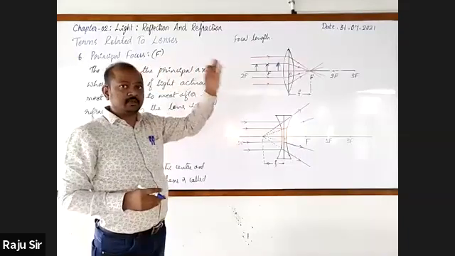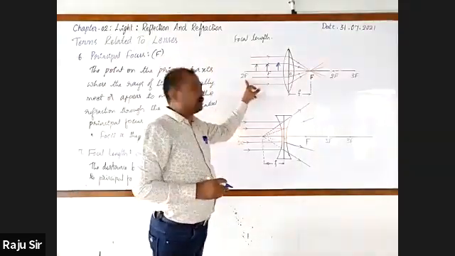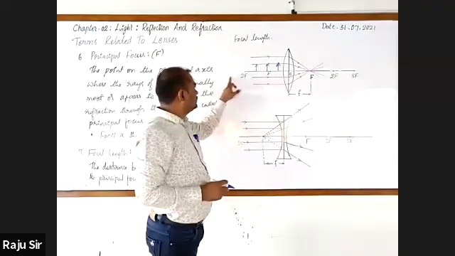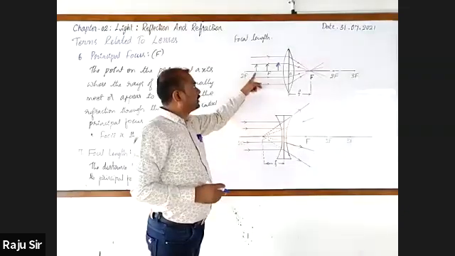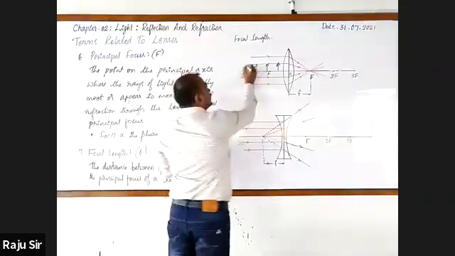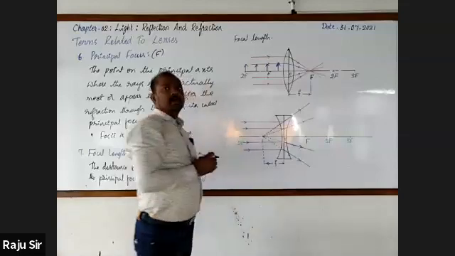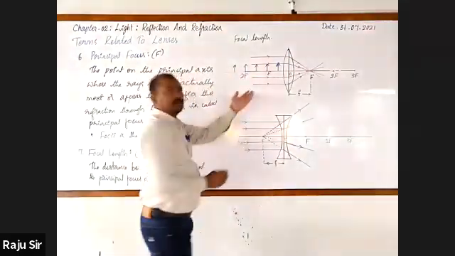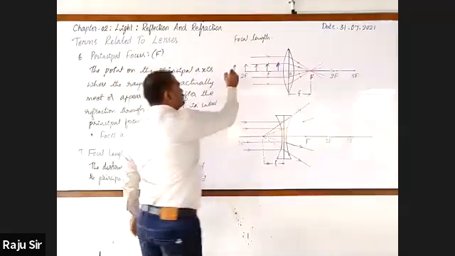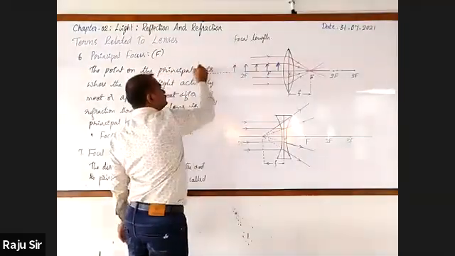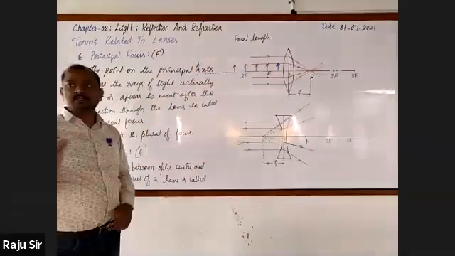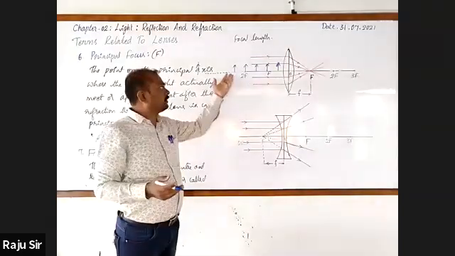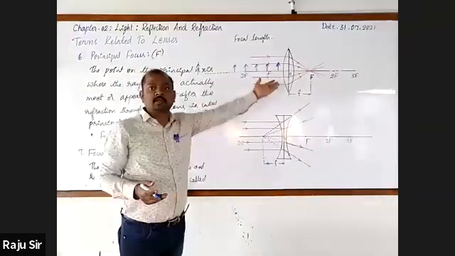This is the first principal focus, and this is the second. Then at 2F, beyond 2F, and at infinity. These are the places where we place the object in front of the lens.